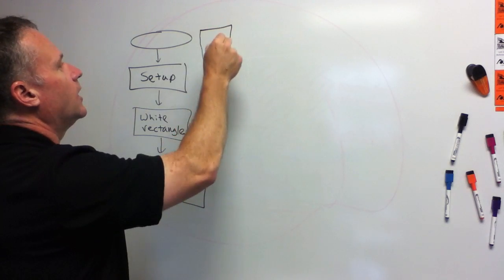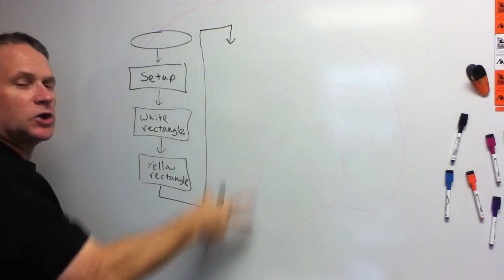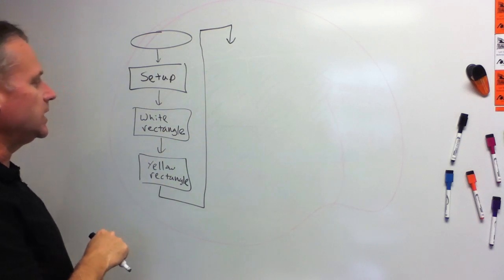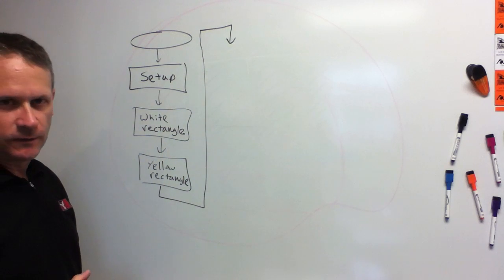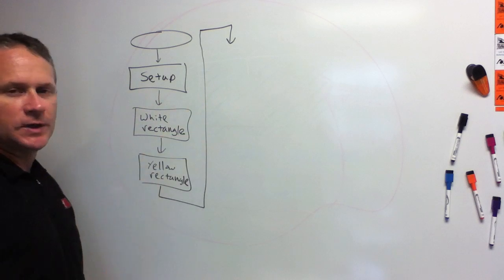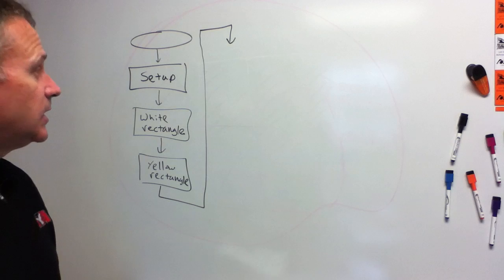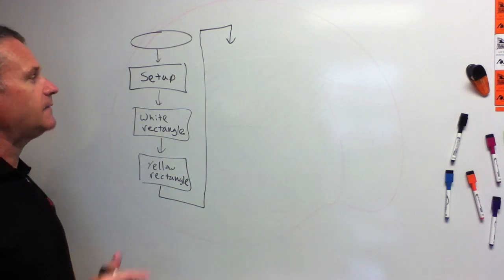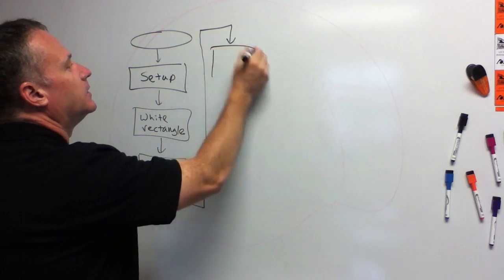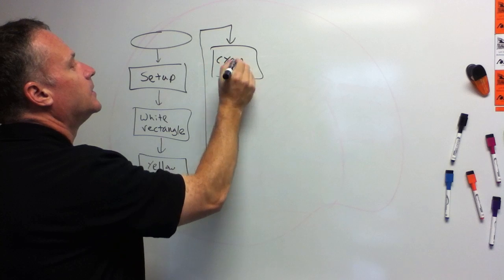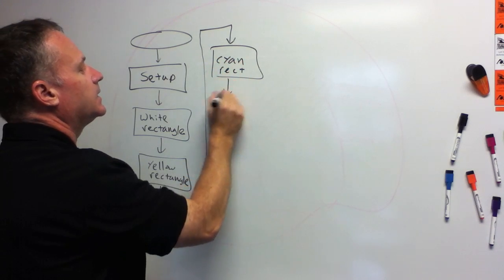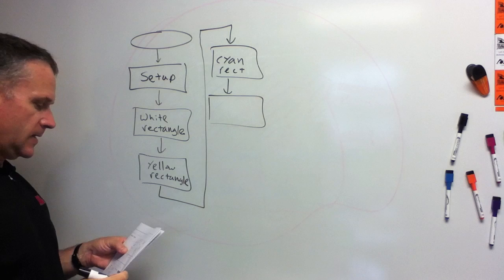Normally this would be drawn in one tall column with the arrows connecting it, but since the aspect ratio is a little goofed up here, we'll just squish it over to the next column, if you will. And I'm going to cheat because I can't remember the colors. So our next one after the yellow is our cyan rectangle. We'll draw that next. Then green.